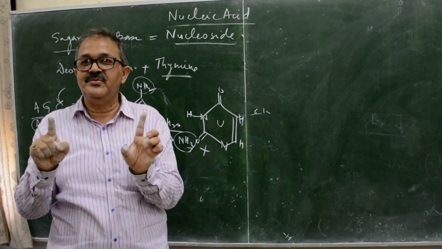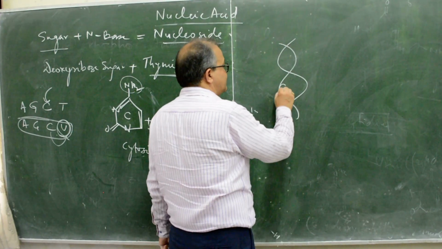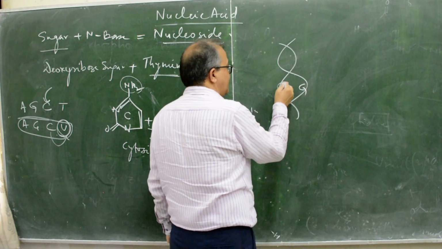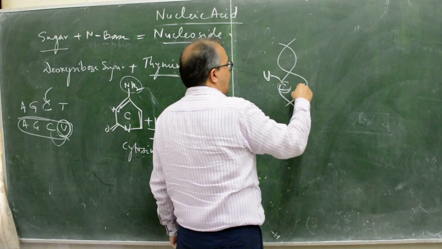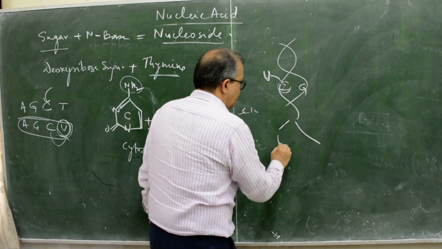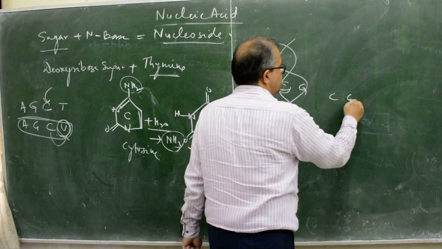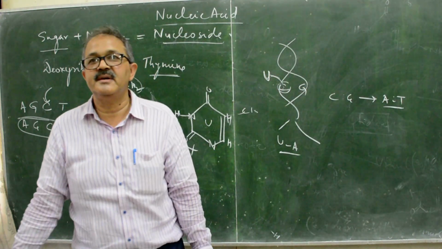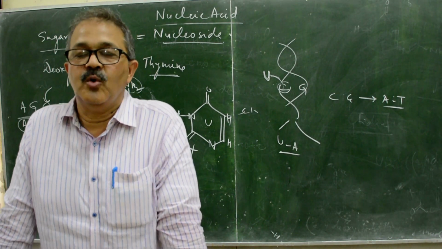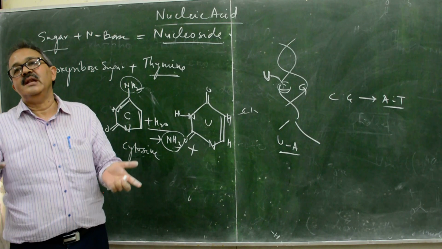In double-stranded DNA there is cytosine and guanine. If cytosine is deaminated, it becomes uracil, and after separation uracil always pairs with A. Then CG will be converted into AT. This is deamination.